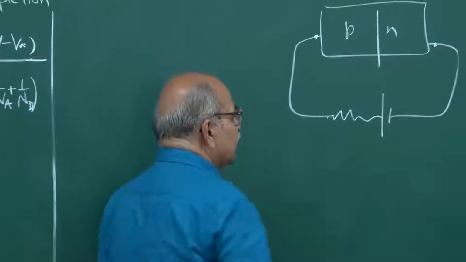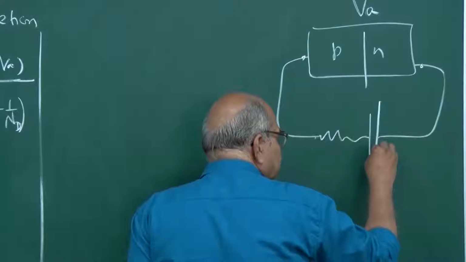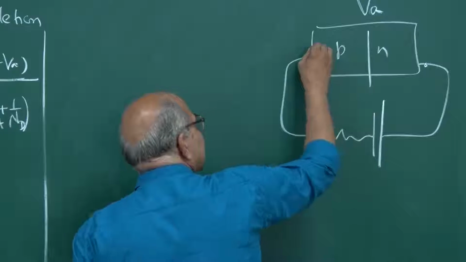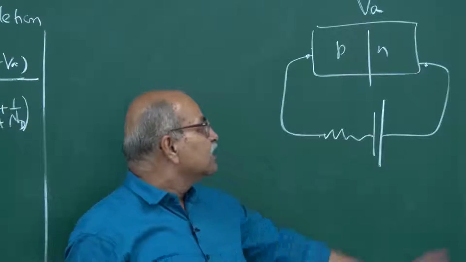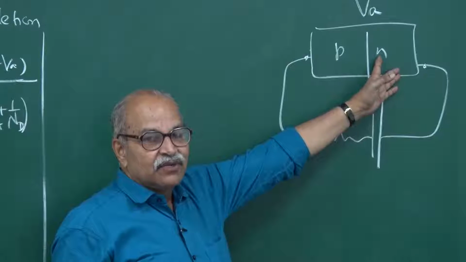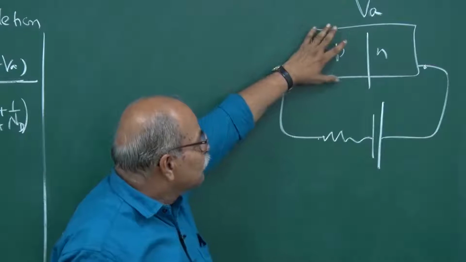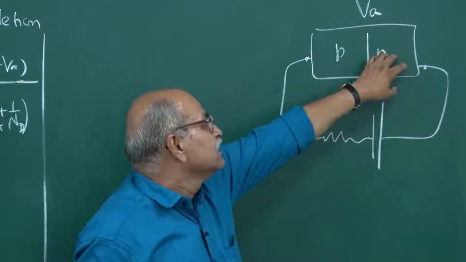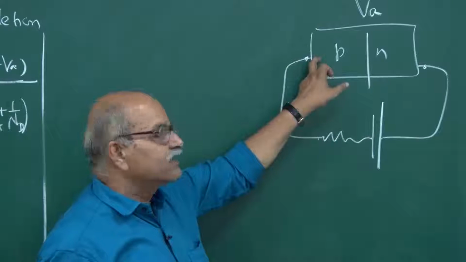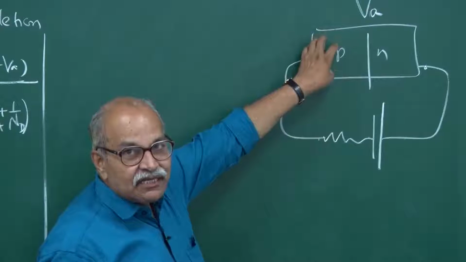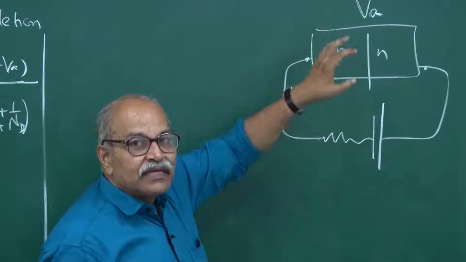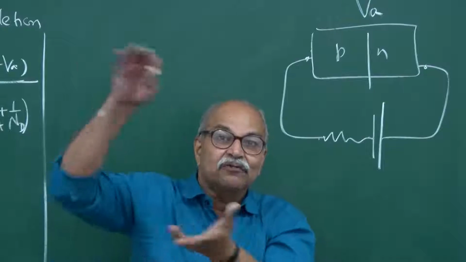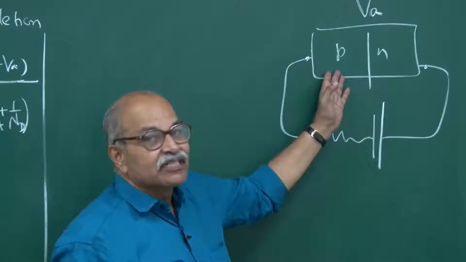If you connect it with opposite polarity, so that this side is at a lower potential with respect to this side, what you are doing? If I take this as the reference, then by connecting this negative here, you are reducing the potential of this side, and therefore you are increasing the potential energy of all those quantum states which are there on this p side.